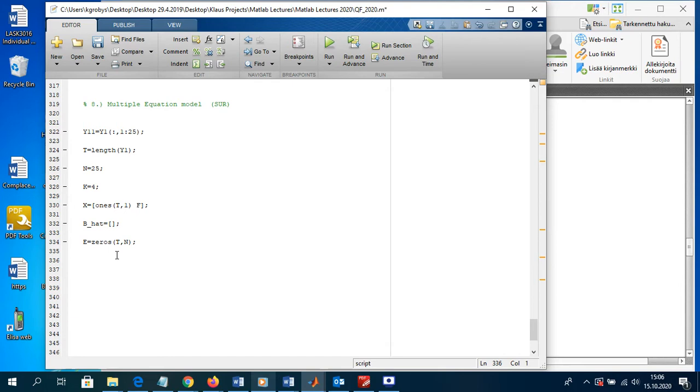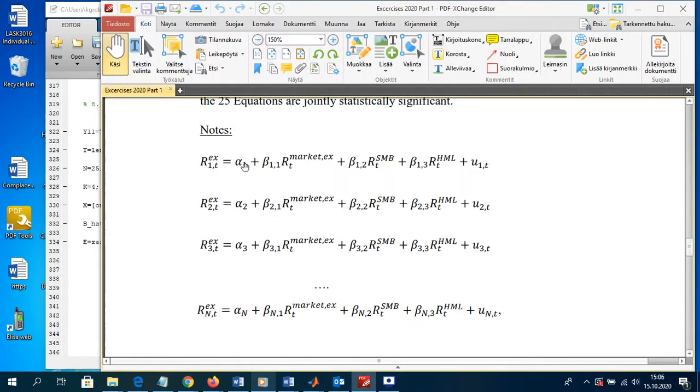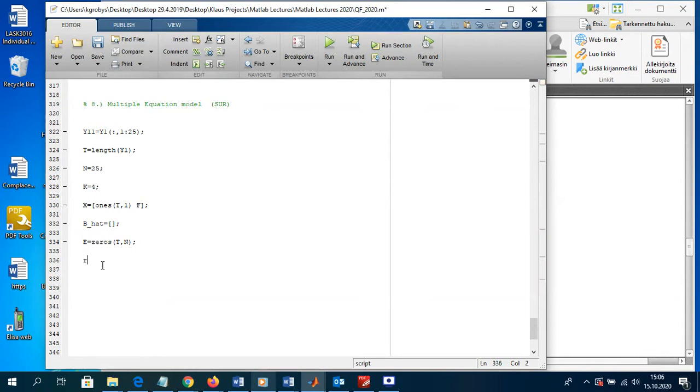Next, we want to determine which parameter in each equation we are interested in testing. It's always the first parameter, the first out of 4. Now we have to indicate this in this R1 vector, and obviously it must be a 1 by 4 vector.